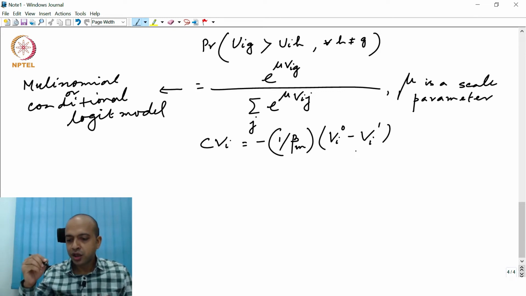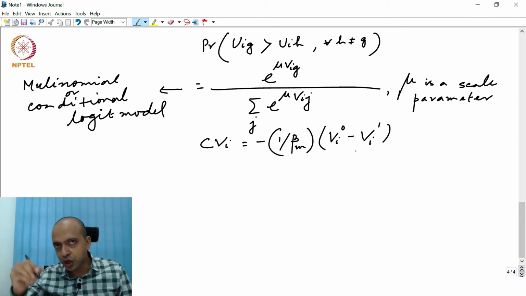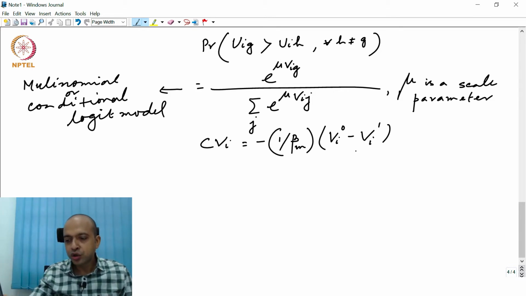So when the individual moves from scenario 1 to scenario 2, the value the individual derives changes from Vi0 to Vi1.